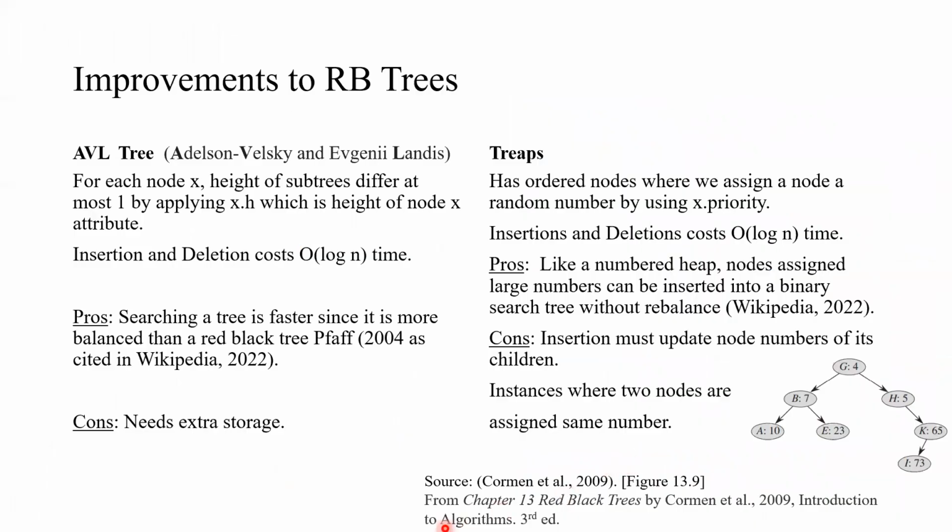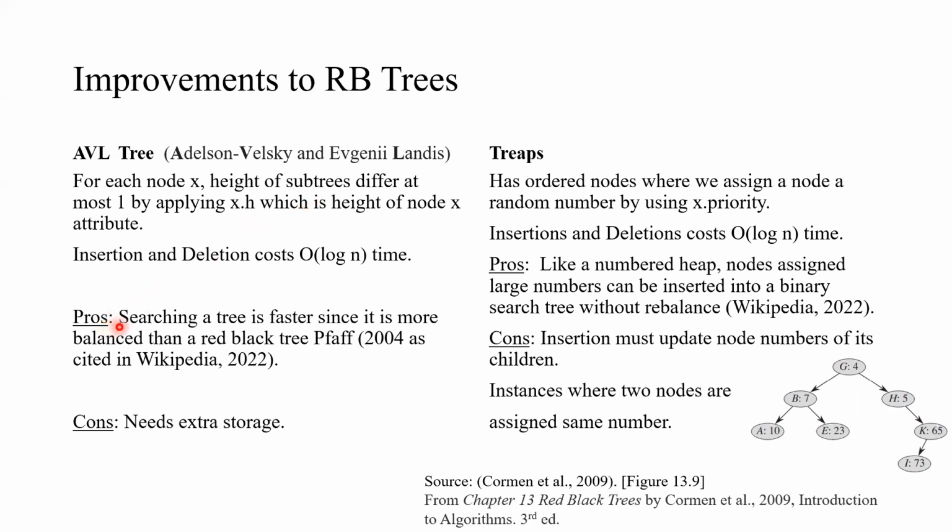There are some improvements to RB trees. The first improvement is the AVL tree, which stands for Adelson-Velsky and Evgenii Landis. In this case, for each node, the height of the subtrees differ by at most 1. We have to apply X dot h, which is a new attribute accounting for the height of the node.